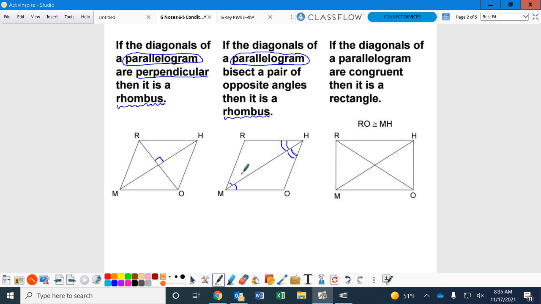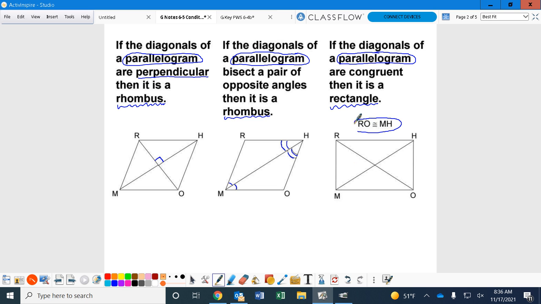There's only one more. There's not a lot in this, guys. Like I told you, this is building on something we already knew. There are just 3 of these. The next one talks about why it's a rectangle, and then we're going to see how you can cheat and use one to do both, like 2 of one to get a different shape. So if you have a parallelogram again, and you're turning it into a rectangle, the way you can tell it is a rectangle is if the diagonals are congruent to each other.